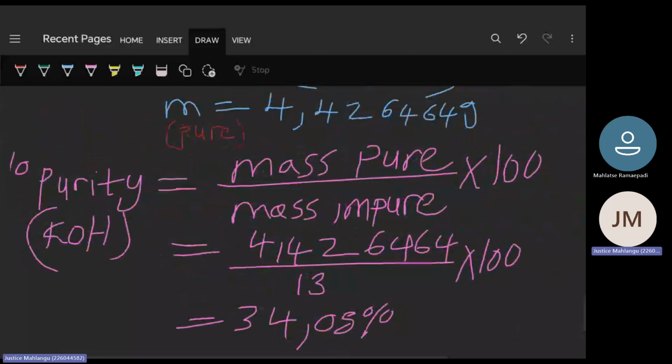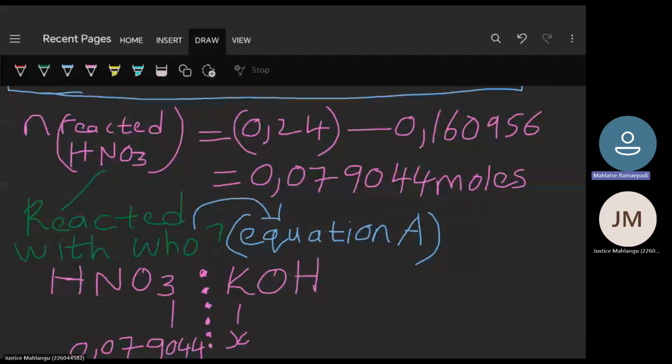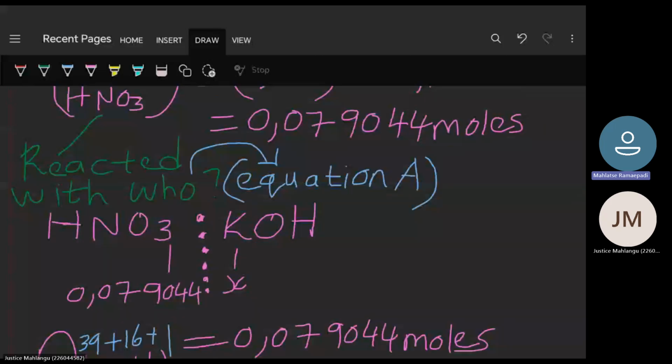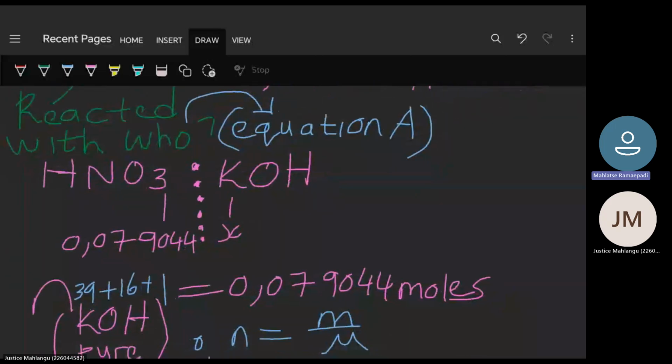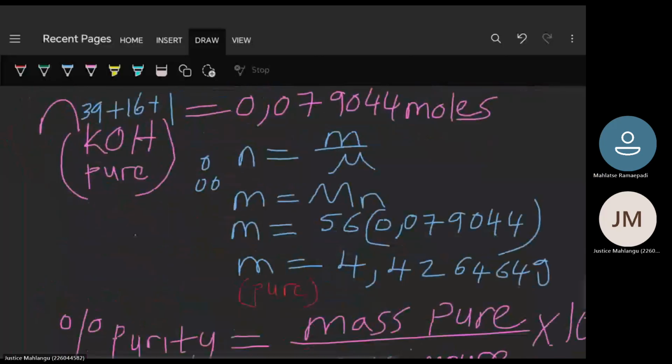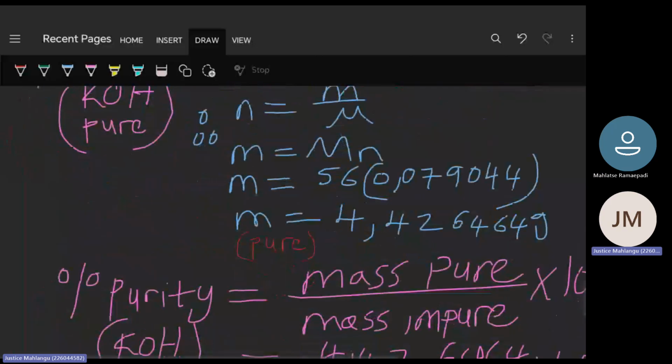Okay, can you repeat the question? I think in the beginning it was cutting a little bit. I was asking what difference would it make if we used the mole ratio instead of calculating the number of moles from the original formula? Yes, sir. Yeah, that will make a big difference.